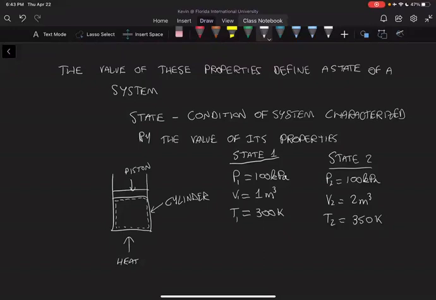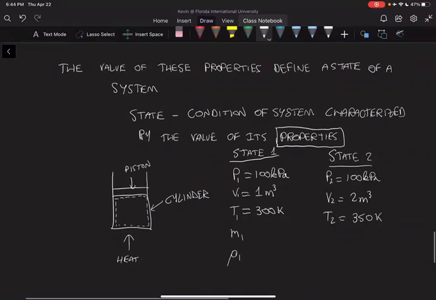Okay, it's just defined by the different values of the properties. And you can have as many properties as you want. So you could have mass 1, you could have density 1. All these different things could be added to the system definition. Okay, and to define a state, you need a certain number, and we'll talk about that a little bit later.